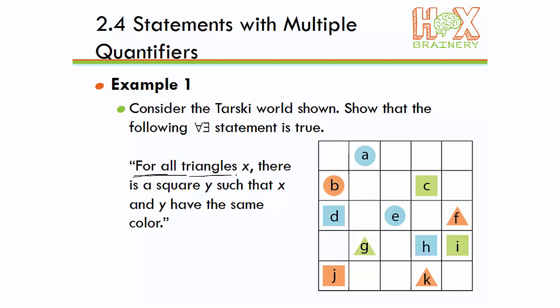So for all triangles x, there exists a square y such that x and y have the same color. So you have your universal part there, you have your existential part here, and the property that has to be true is that they have the same color. So we want to show that this universal existential statement is true.